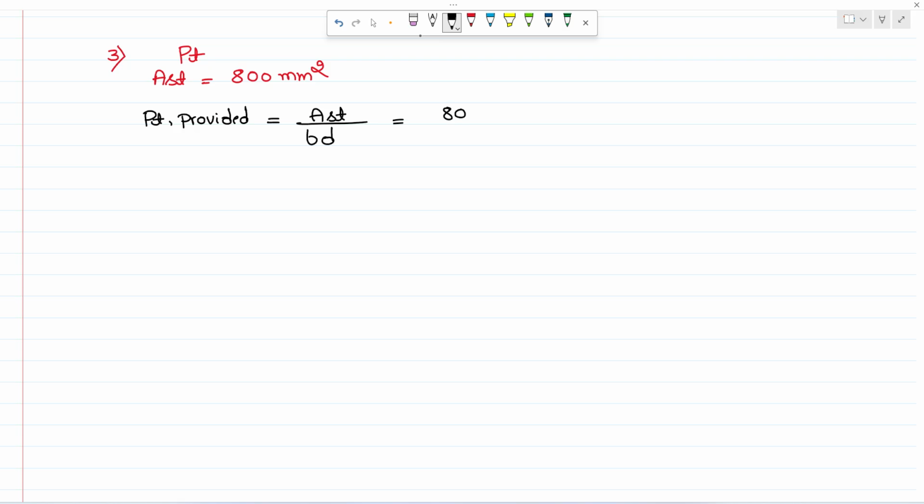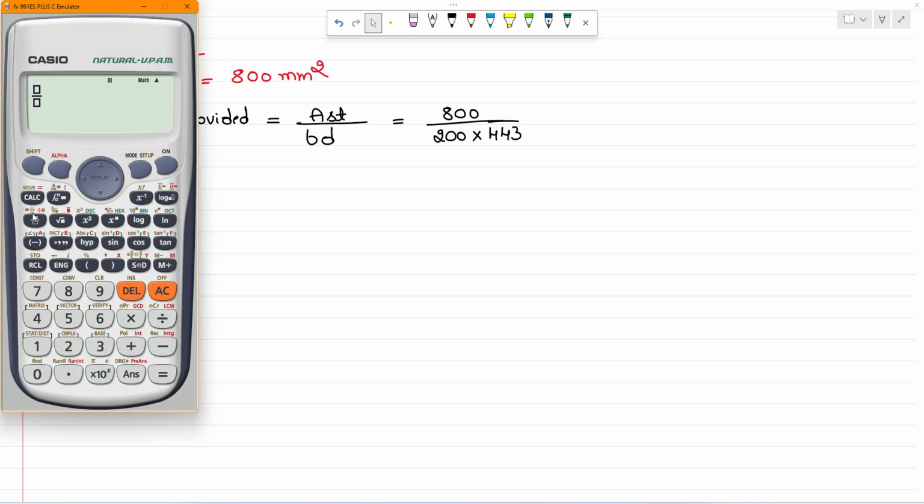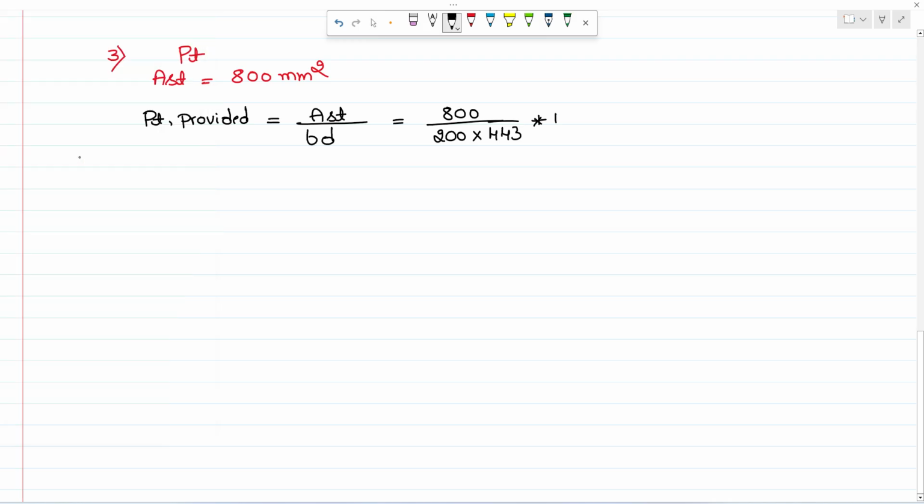So your Ast is 800 divided by b, width of the section 200, into effective depth 443. So let me solve this. So 800 divided by 200 multiplied by 443. I think you need to multiply this by 100. Multiply by 100.